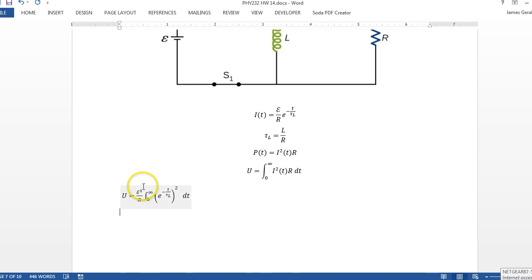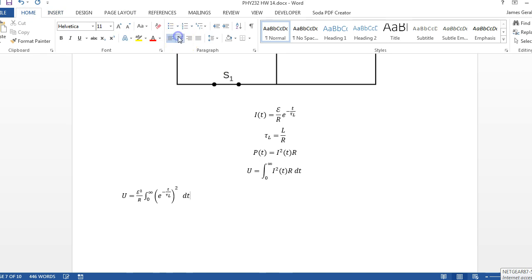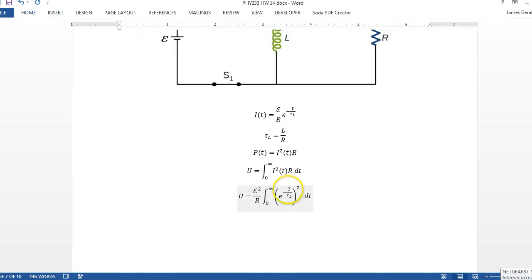Okay, so we're going to integrate this from 0 to infinity, and we've got e to the minus t over tau squared dt.